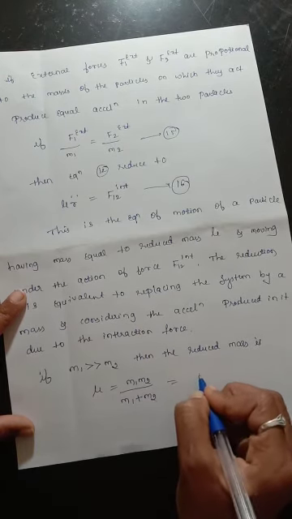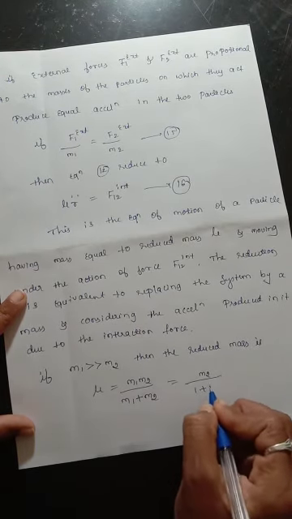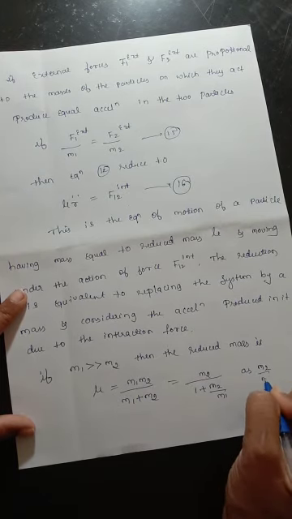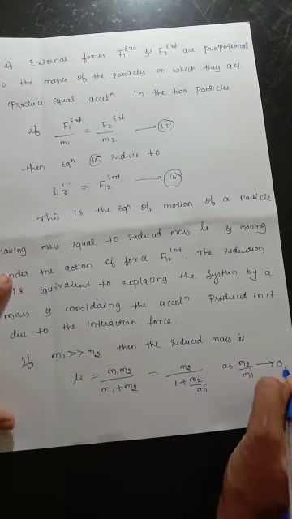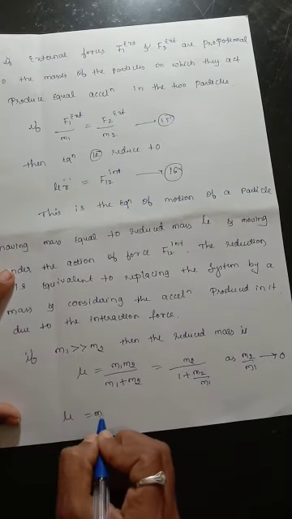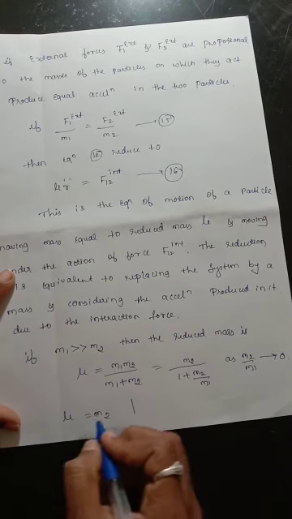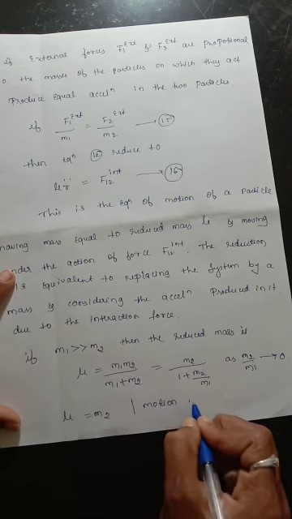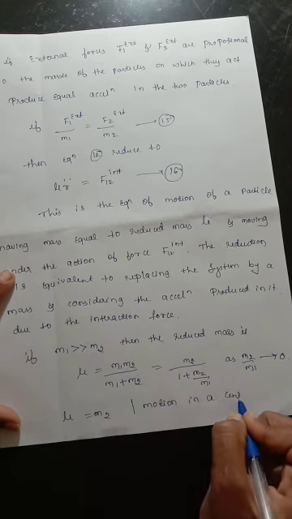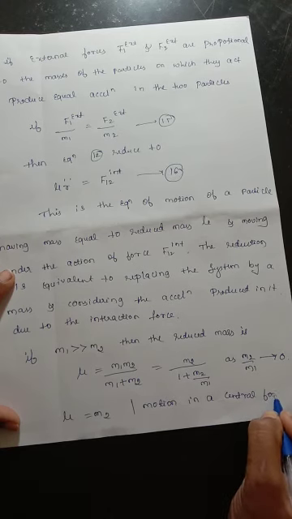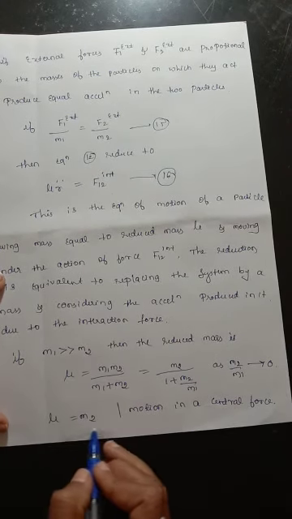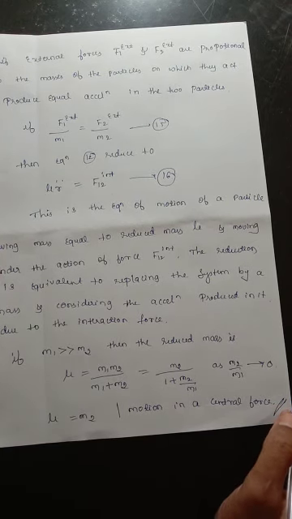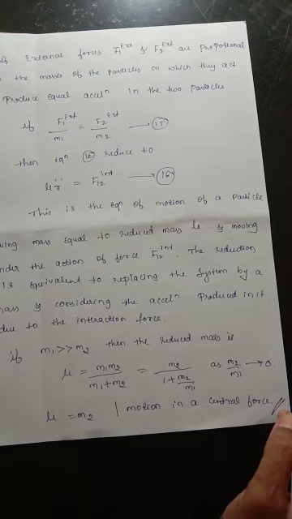Taking m1 common, 1 plus m2 by m1, as m2 by m1 tends to 0, mu equals m2. This is the motion in a central force. Here is the end of the reduction of a two body problem to an equivalent one body problem. Okay, thank you.